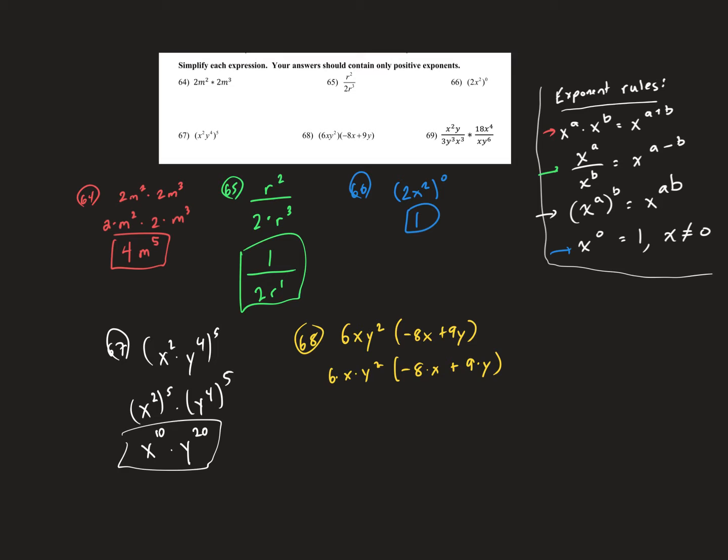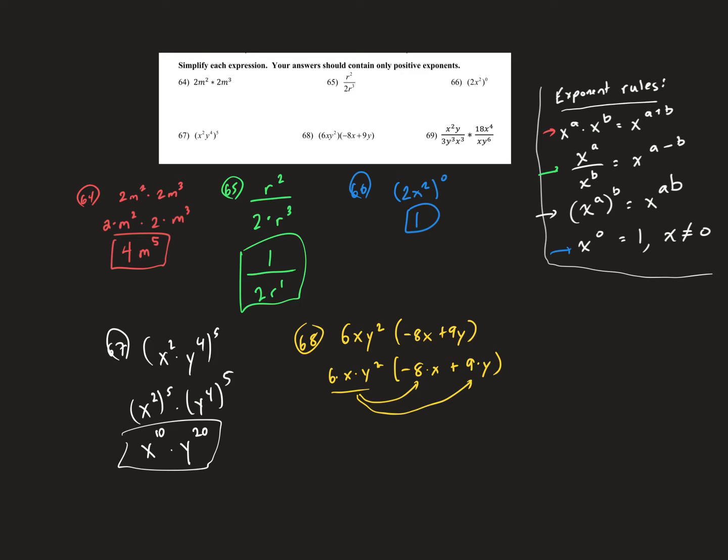Now this time we're multiplying by an addition, and anytime you're multiplying something by an addition or subtraction, that involves the distributive property. So what this means is this thing can be multiplied by this and then multiplied by this. That only happens when you're multiplying by an addition or subtraction, not a multiplication or division. So 6xy squared times negative 8x.